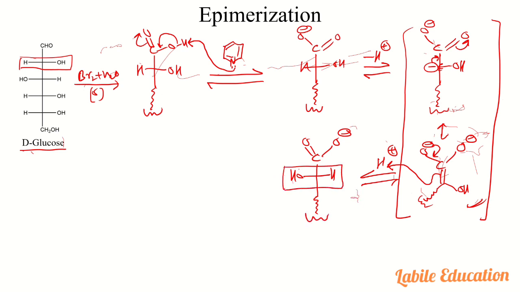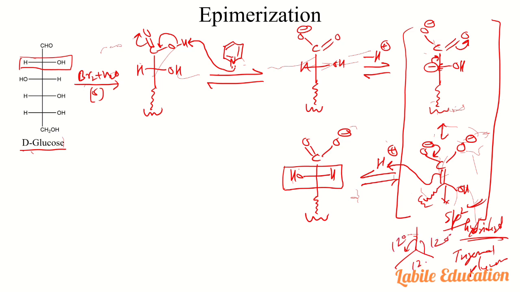And how has the configuration been changed? You can see this is the carbon. This carbon is sp2 hybridized. And sp2 hybridized means there will be three sp2 orbitals, and the shape will be trigonal planar, and the angle will be 120 degrees, here 120 degrees, 120 degrees.